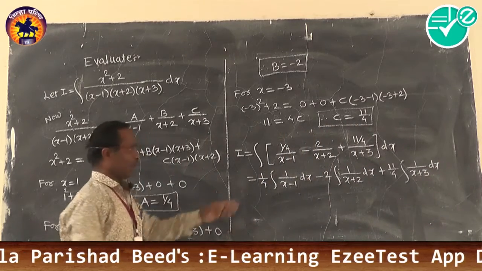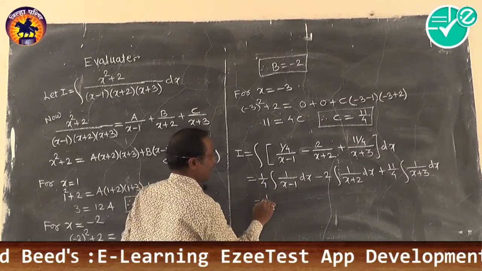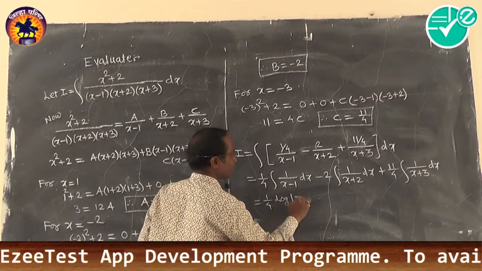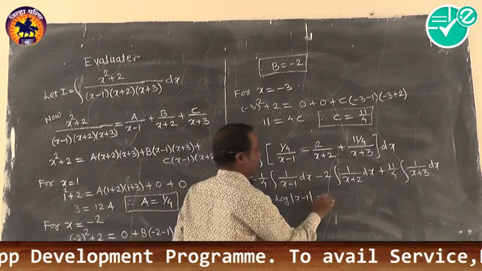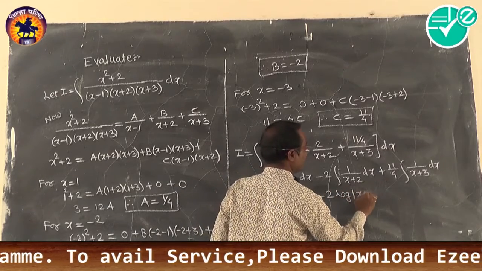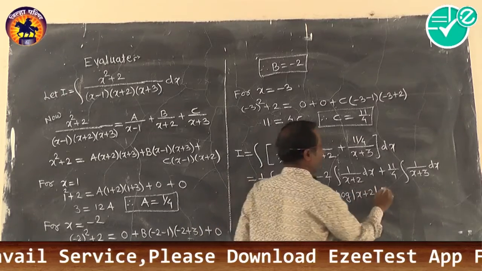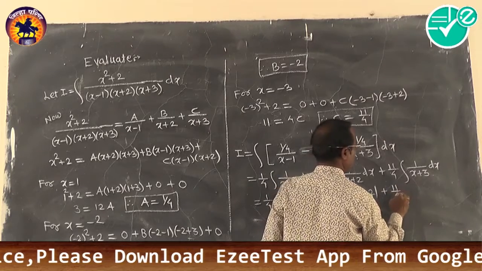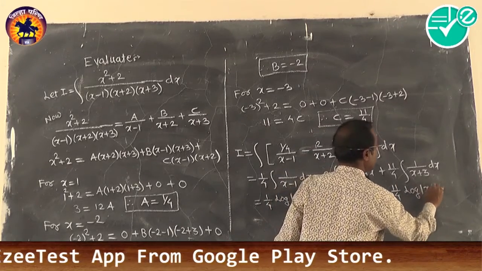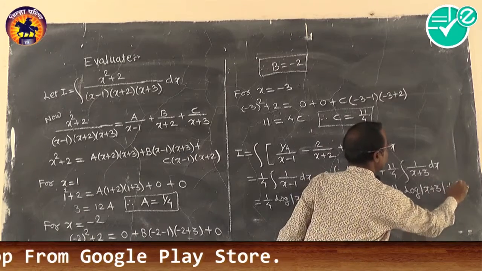Now the integration of this function is 1 by 4 into log of x minus 1, minus 2 into log of x plus 2, plus 11 by 4 into log of x plus 3, plus c.